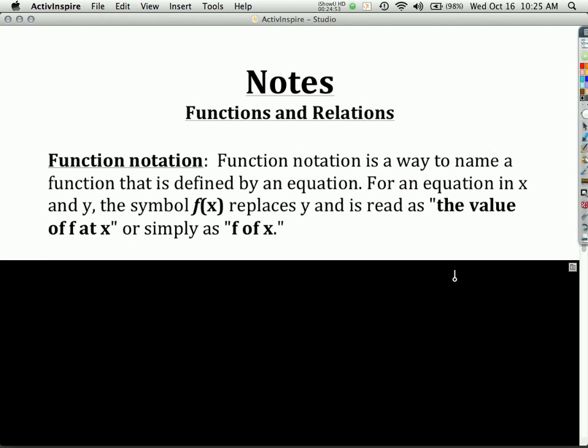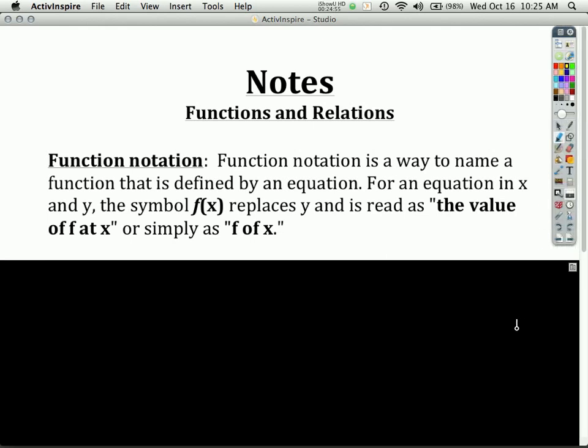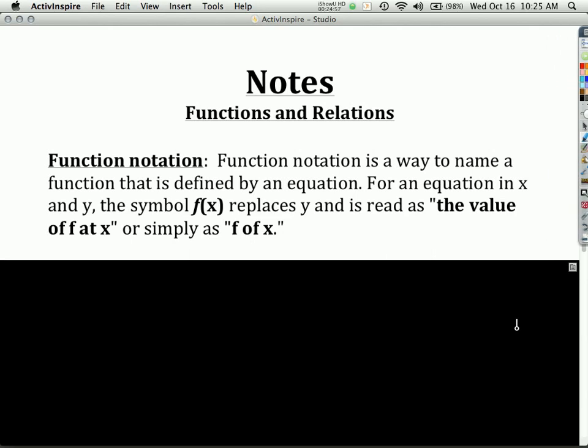So what we do is we take the letter Y that we're accustomed to using. We have X's and Y's. We take the Y and we remove it, and we replace it with this. Now, based on your experience, that looks like F times X, but it's not F times X. It's something totally new and different.